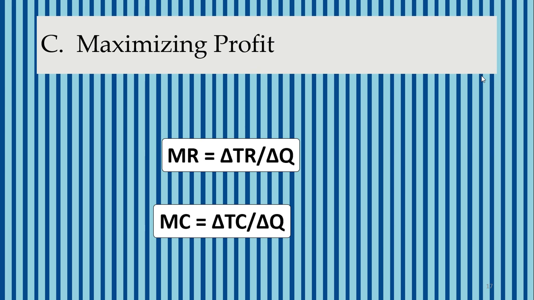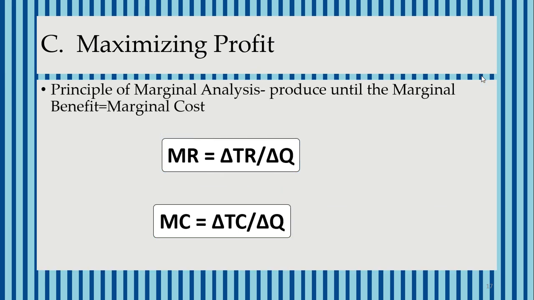As much as they can. Not just where they're making profit, because there are multiple input combinations where they could be making profit. But what firms want to know is where could they be making the most profit? And that probably isn't going to be where they're making the most product. Making the most product may not be where they're making the most profit.